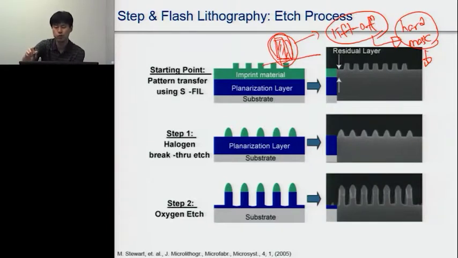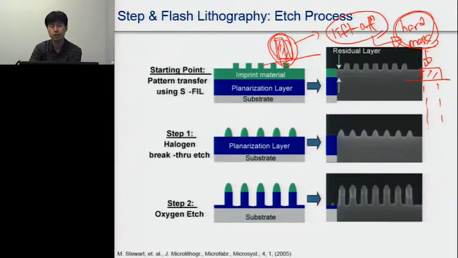When we use this hard mask, even though its thickness is thinner than that of the polymer resist, its etch selectivity is much higher than that of the polymer mask. So it can provide a much higher aspect ratio of the dry etching.